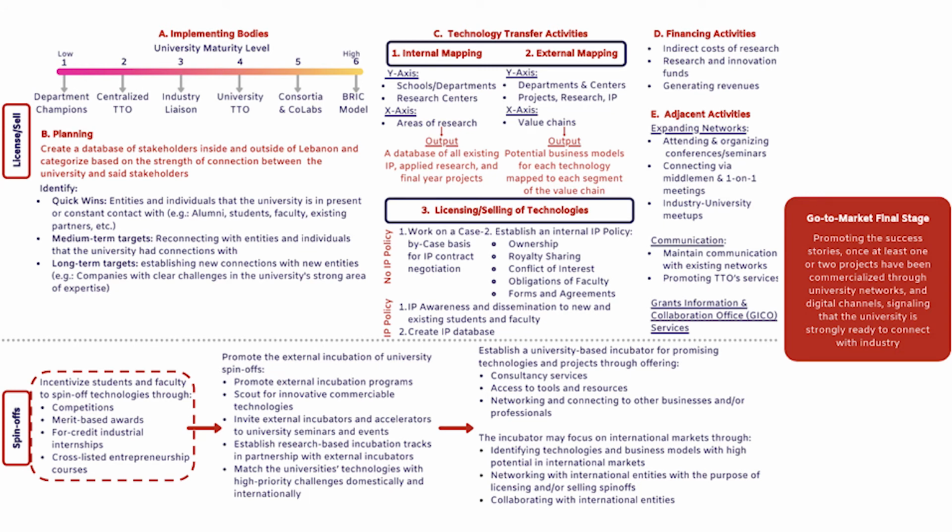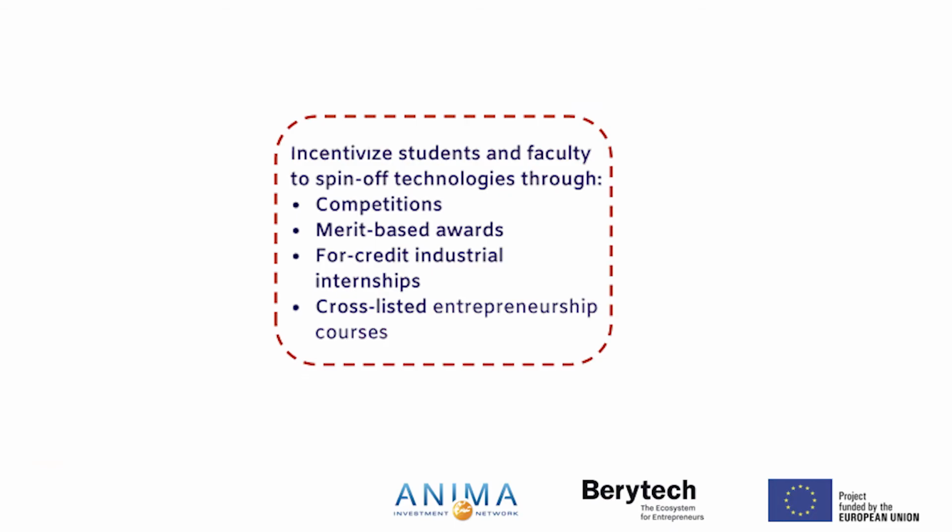Now, if you look at the activities associated with the roadmaps in terms of supporting these spin-offs, we can start off with incentivizing students and faculty to spin off these technologies. There are different ways that you can do that.